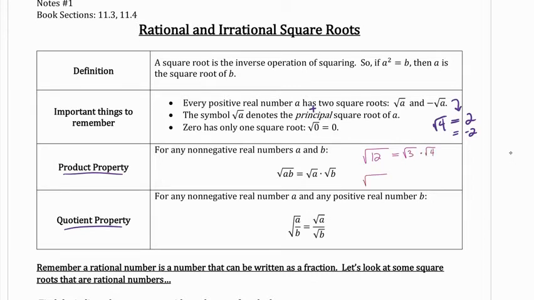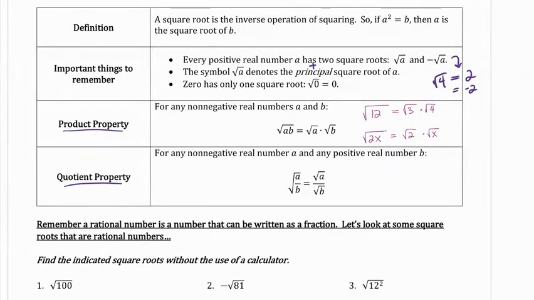If you had the square root of 2x, you could write that as the square root of 2 times the square root of x. You can separate that product into its factors, or it works backwards. If I had the square root of 3 times the square root of 4, I know that equals the square root of 12.